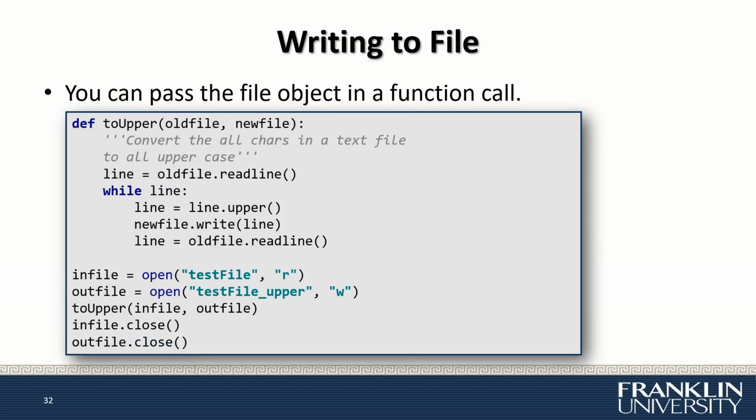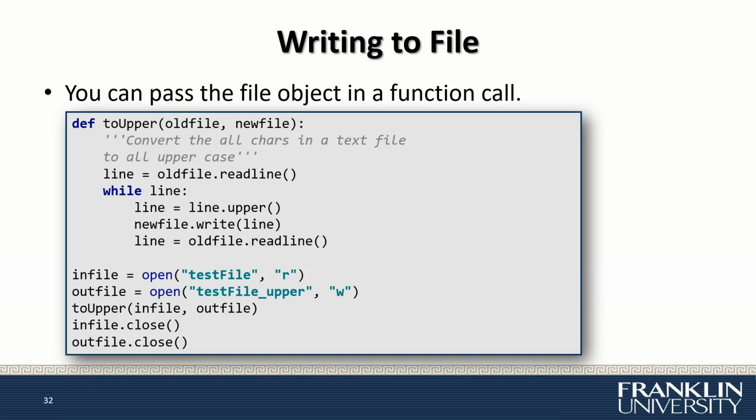Or you can also pass a file object in the function call. You can open the file outside the function and then pass the file object in the function call. Both of these are acceptable, depending on what you want to do.